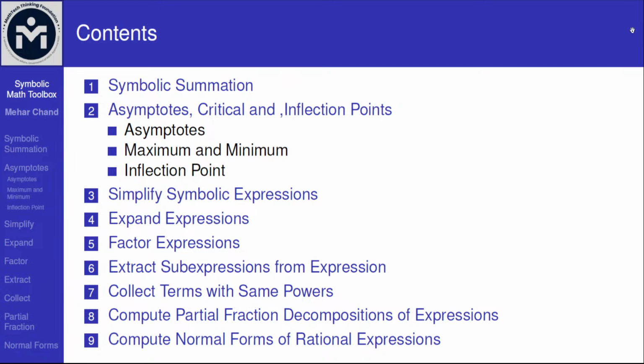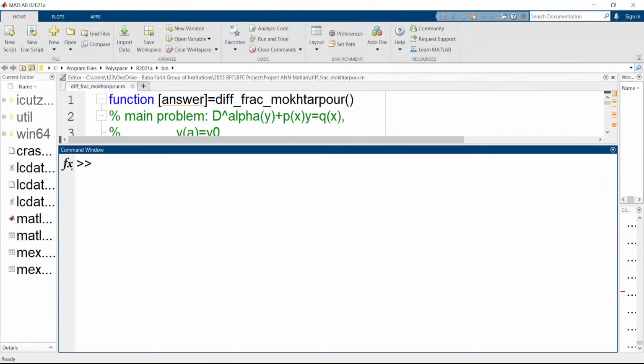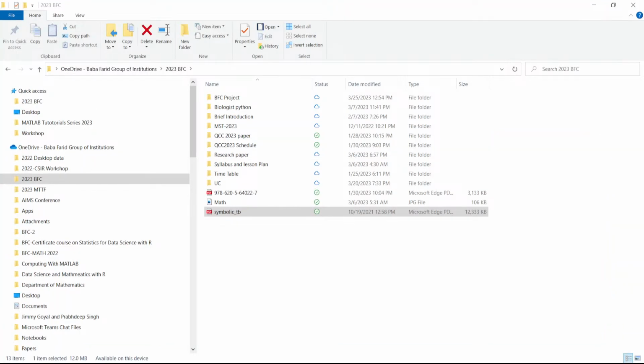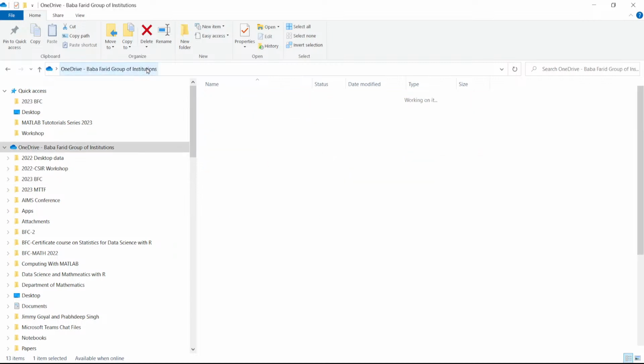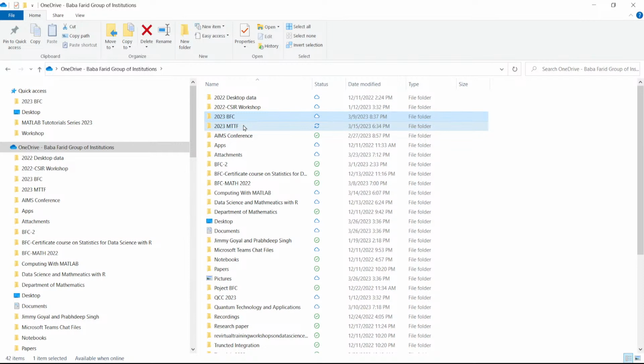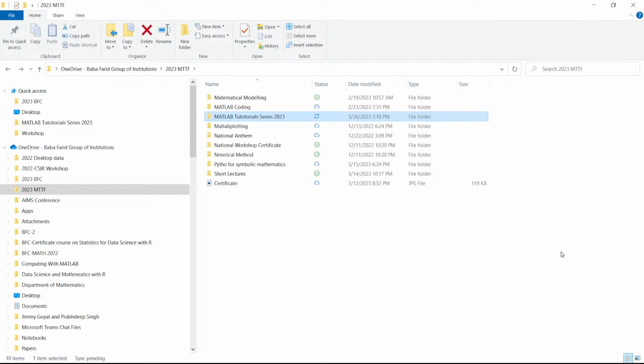Just one minute, I have to reopen the file.